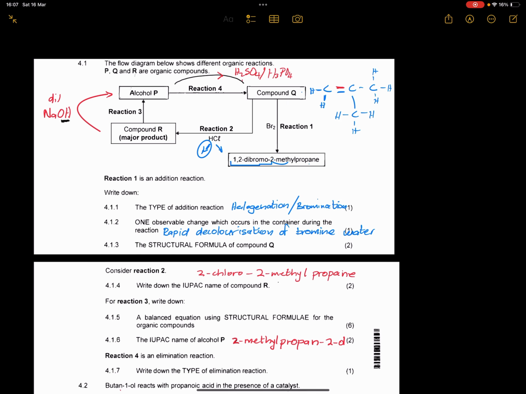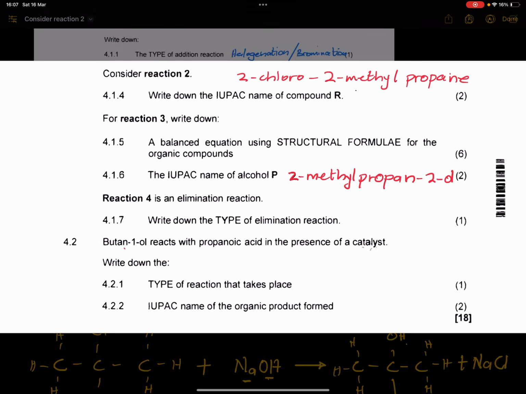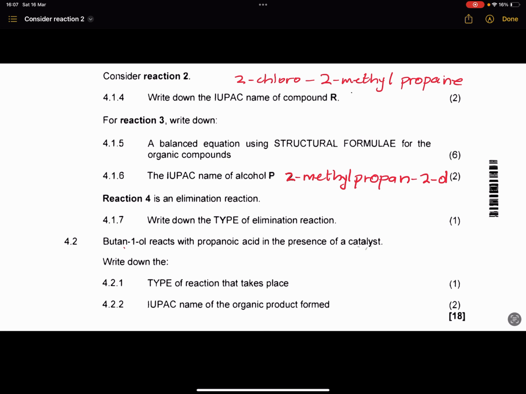Now they want us to write down the type of elimination reaction that it is. So we're eliminating H and OH, which is water, and this is dehydration. All right, now the next one, they say butan-1-ol reacts with propanoic acid in the presence of a catalyst.